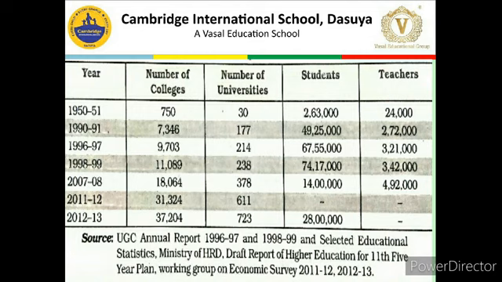Over the past 50 years, there has been a significant growth in the number of universities and institutions of higher learning in specific areas, but still much more effort and awareness need to be spread among the people of the country.